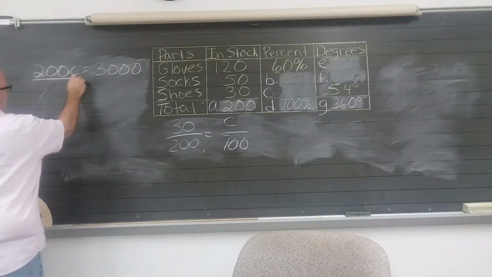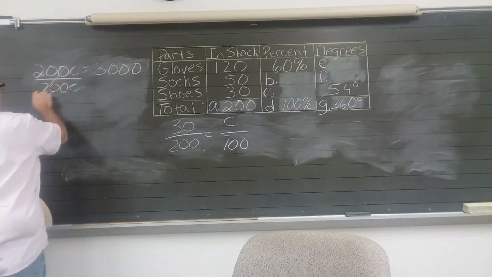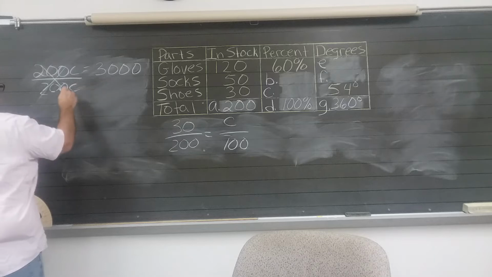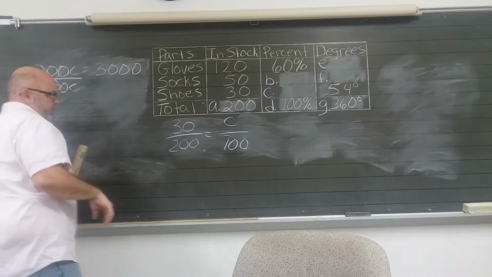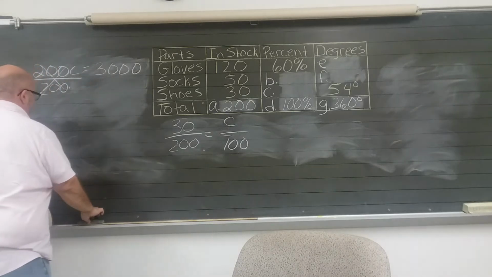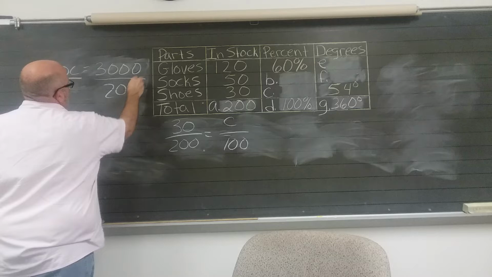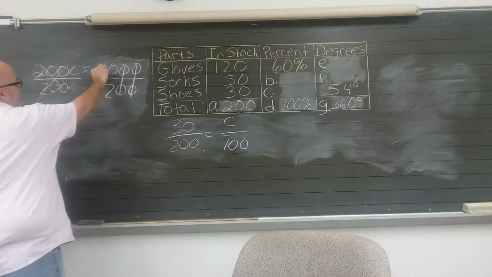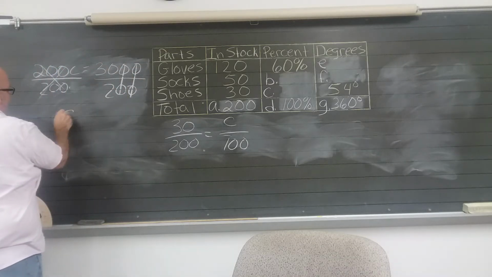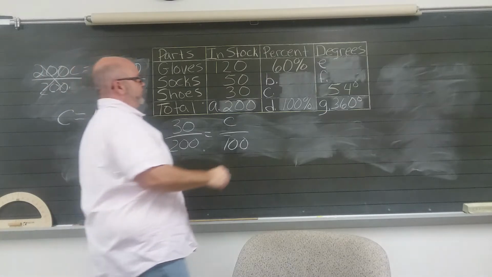Divide these both by 200. That gets rid of the 200. Sorry, this one should not have a C. So all you have left is the C now. Divide this by 200. Knock 2 zeros off. 30 divided by 2. C equals 15. In this case, it is 15%.